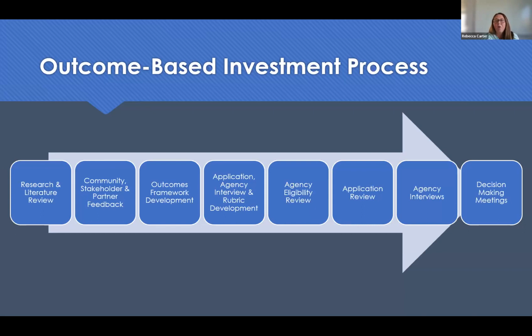We look at outcomes framework development, so that helps to inform our partners of what we're looking for. We release an application. We do an agency eligibility review to make sure that an agency is eligible for application. We review the application, we conduct agency interviews, and then last but not least, the funding decision is made. So we're going to break that down a little bit more in detail.